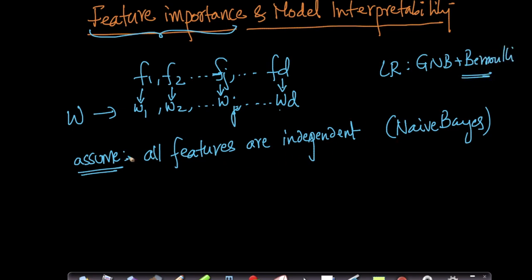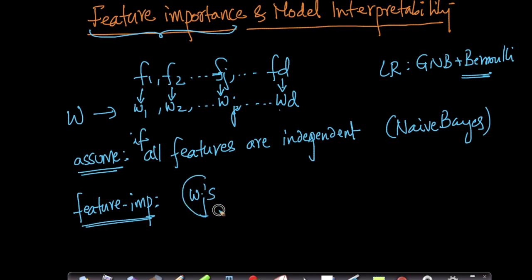So if all the features are independent, there is a very interesting conclusion we can come to: we can get feature importance using the Wjs. If this is not true, everything that I'm saying may not always hold.